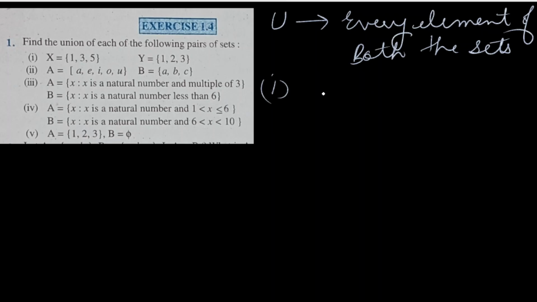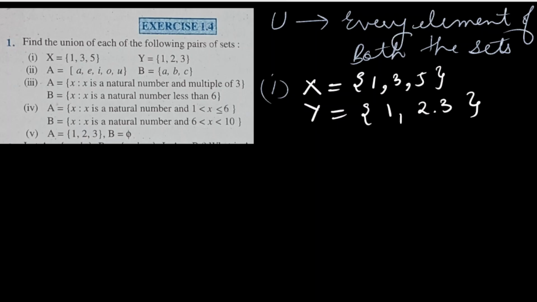Two sets are given to us. First is X equals 1, 3, 5 and Y is the other set, which equals 1, 2, 3. So we have to write X union Y. This is the symbol of union. X union Y means every element of both we have to consider. 1 is there in both, so we will not write it two times, one time we have to write.